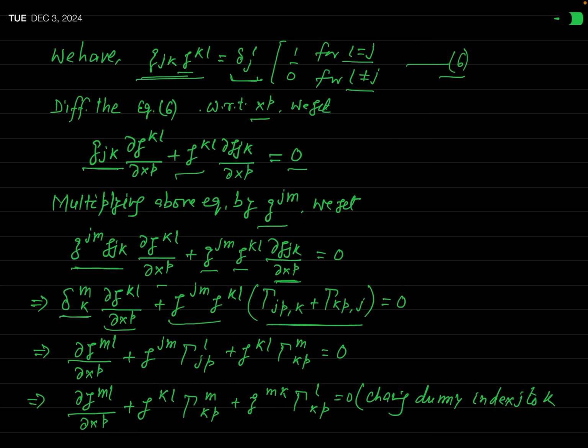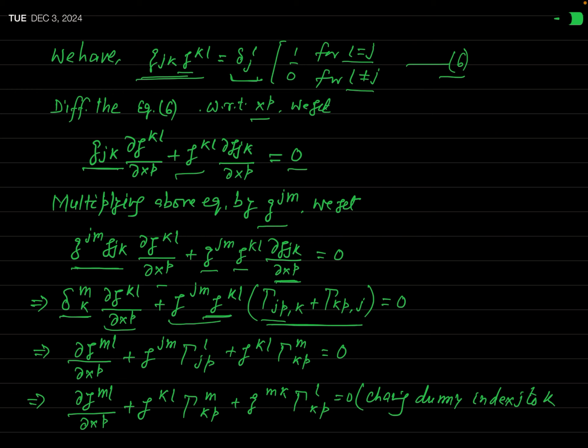Now let us see the product of this g^kl and this gamma jpk, in accordance with the relation between the Christoffel symbols.